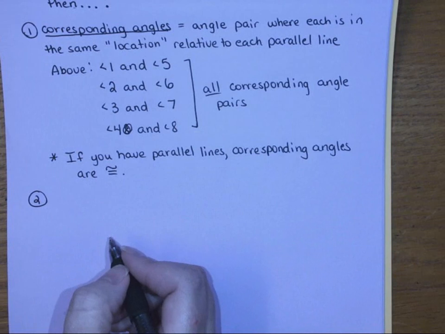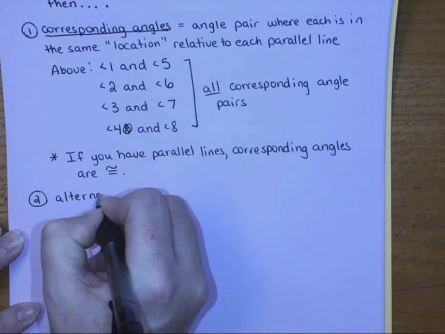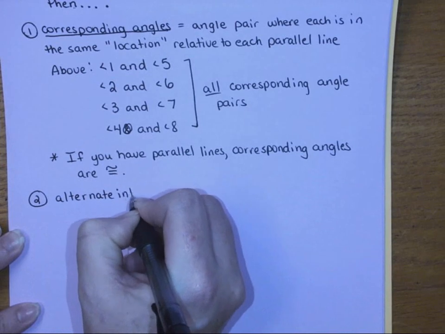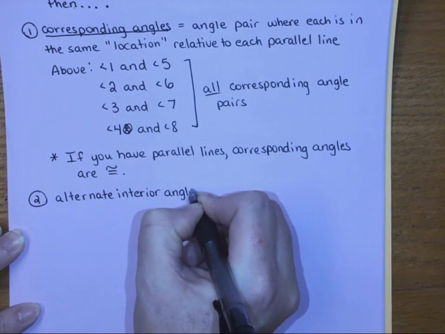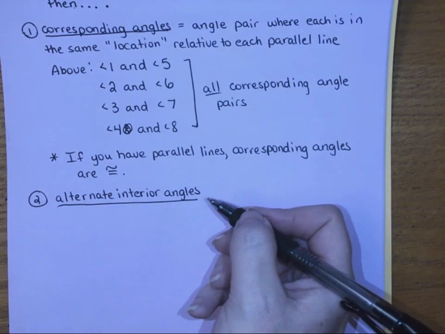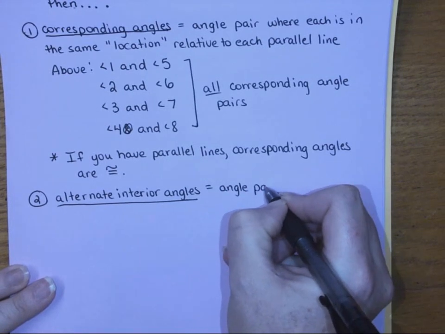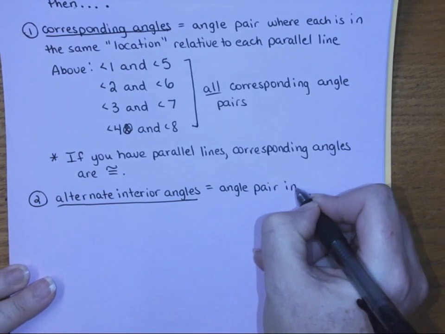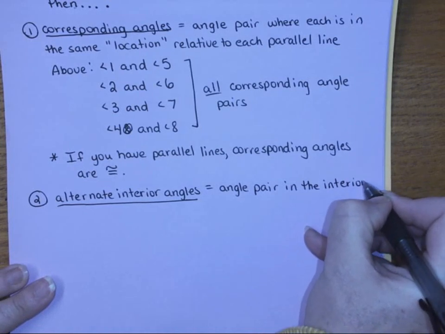The second type of relationship that we will see is called alternate interior angles. Okay, so alternate interior angles are, first of all, an angle pair in the interior. That shouldn't surprise you because the name tells you that they are interior angles.